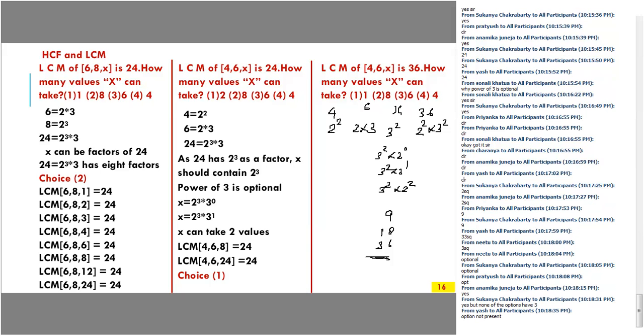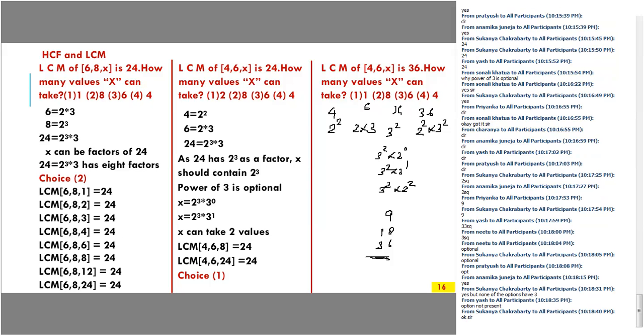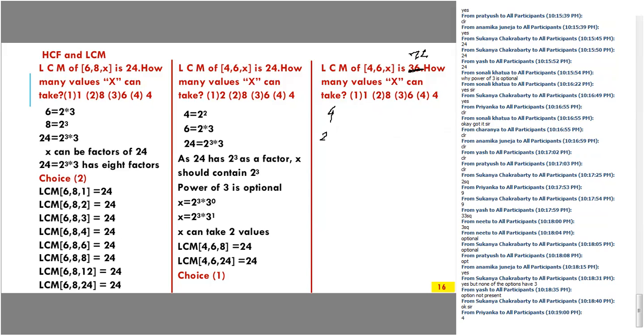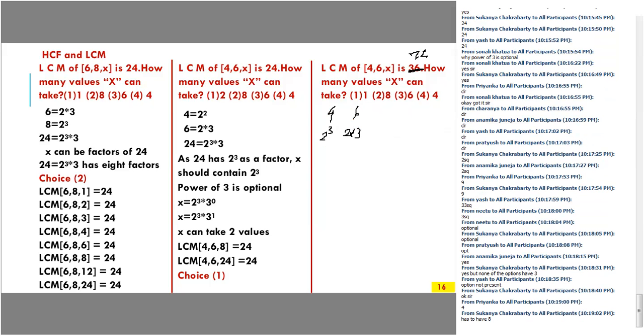If I had made 72, what will happen? Instead of 36, if I give 72, no problem, Sukanya. I think I should have written 72 by mistake. If the number is 72, what will happen? 4 is 2 square. 6 is 2 into 3.